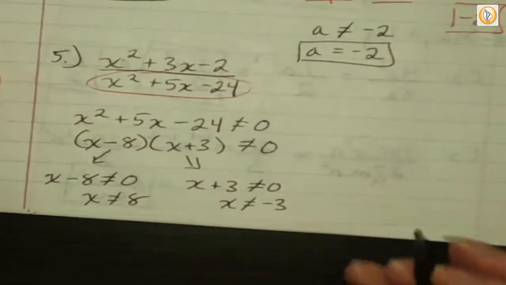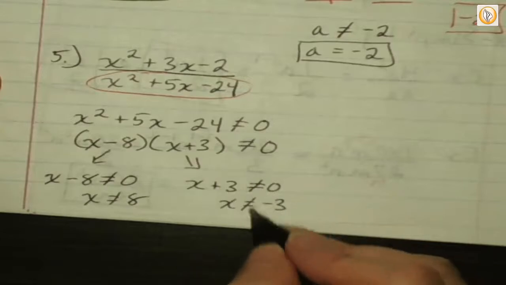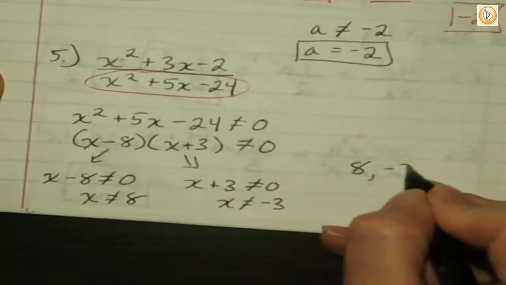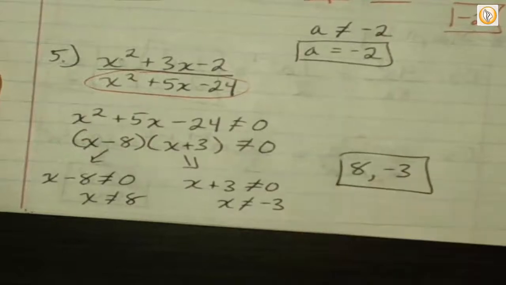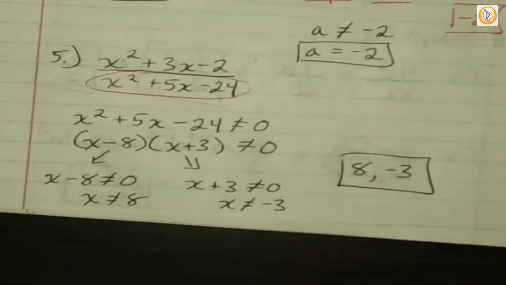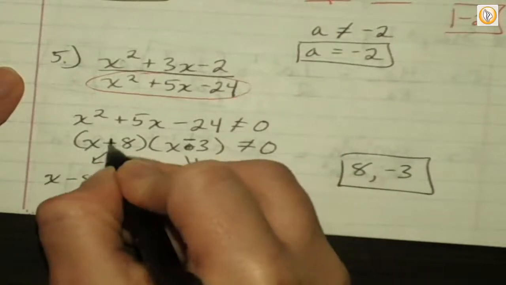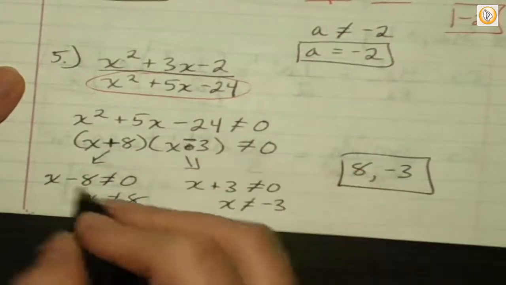So for the sake of those that don't get the equal and not equal, we can just say 8 and negative 3. Yes? Yeah, that's what I got. Ooh, yes, thank you. That's on me, man. Okay, so there we go.